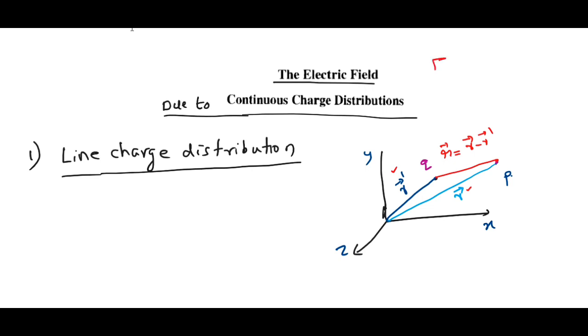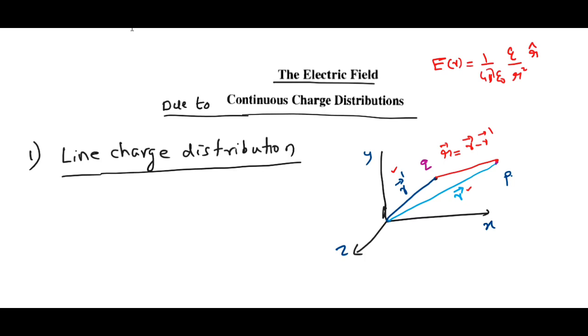That electric field we have already written. That electric field was 1 by 4 pi epsilon 0, Q divided by separation vector r square, r cap. Okay.